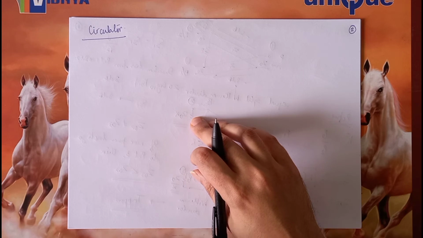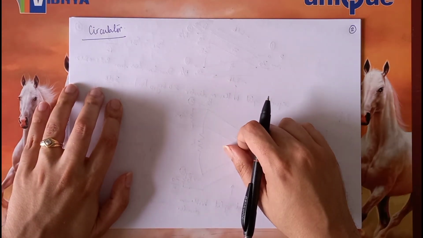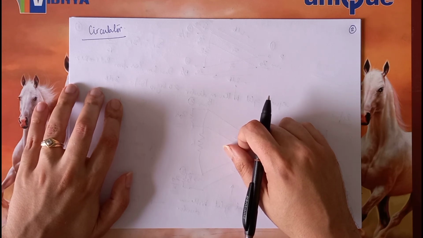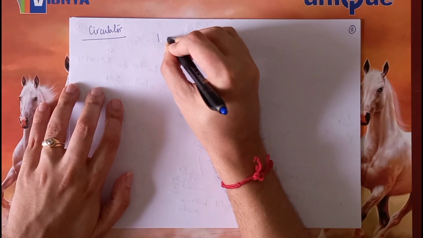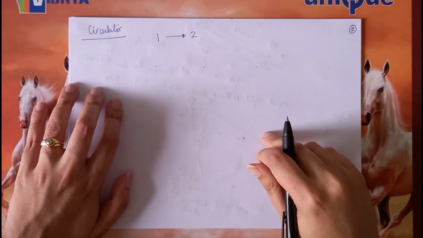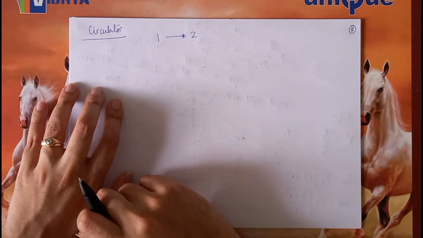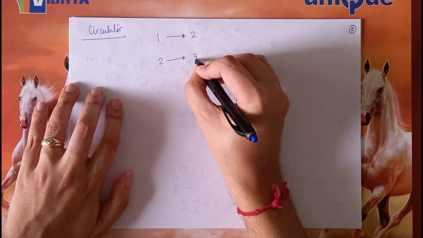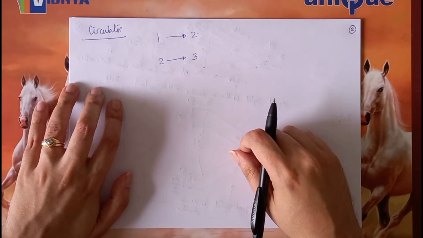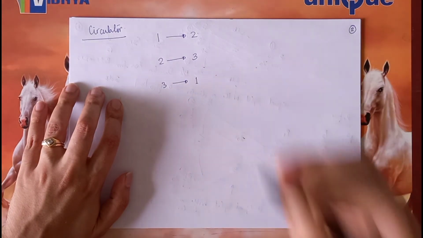So a circulator is a three-port device or a circuit where the input at port 1 is transferred into the output at port 2. If there is any input at port 2, that goes as output to port 3. And if there is any input at port 3, the output goes to port 1.